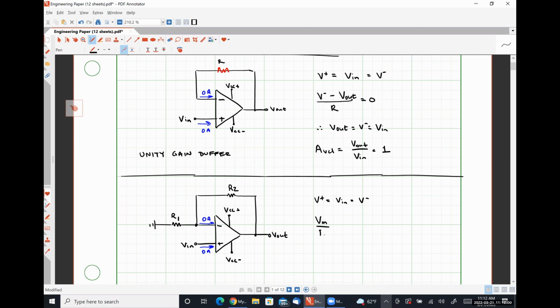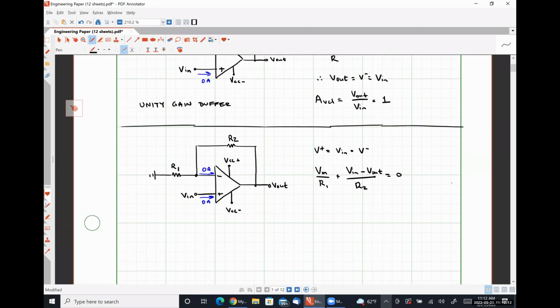Applying Kirchhoff's current law at the inverting input terminal gives us Vn over R1 plus Vn minus V out over R2 is equal to 0. And with a small amount of mathematical manipulation, we will find that V out is equal to 1 plus R2 over R1 times the quantity Vn.